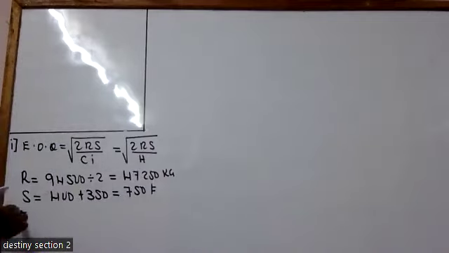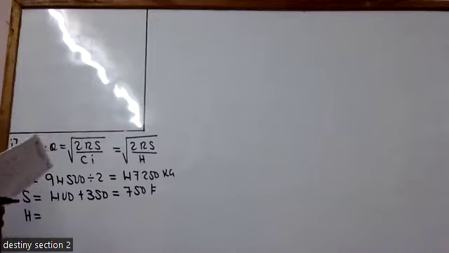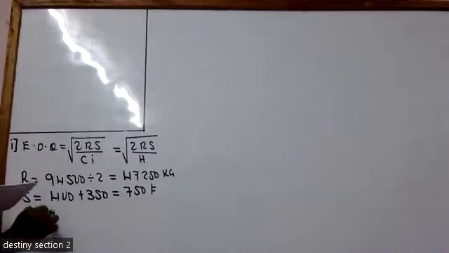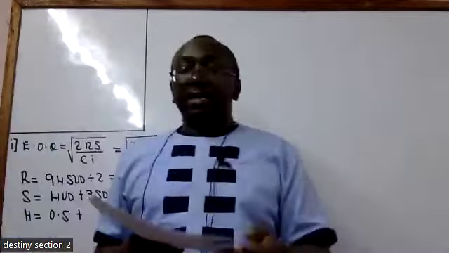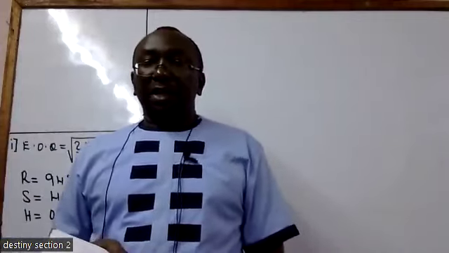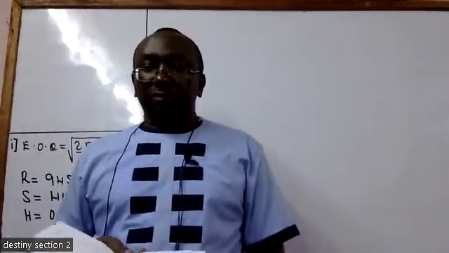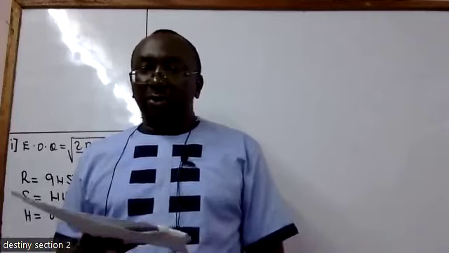Our holding cost, H, we are already told it is 0.5 per kg. And then there is the investment. Investment is the other word for the cost of capital. Remember, cost of capital has to do with the benefits you lose for holding money in stock or holding money elsewhere.